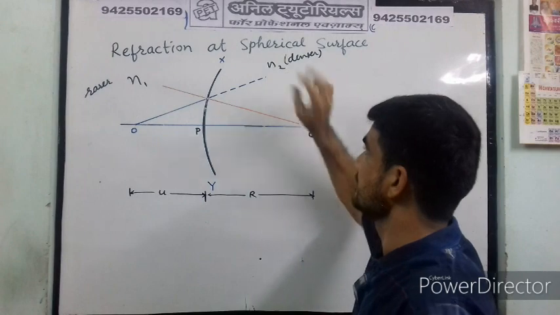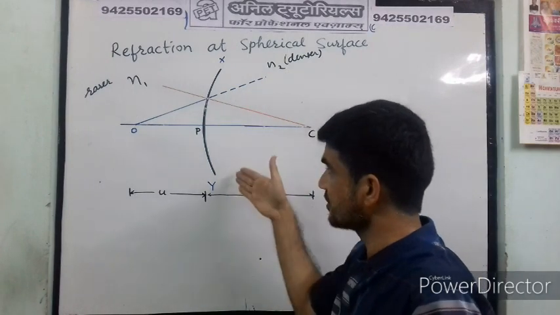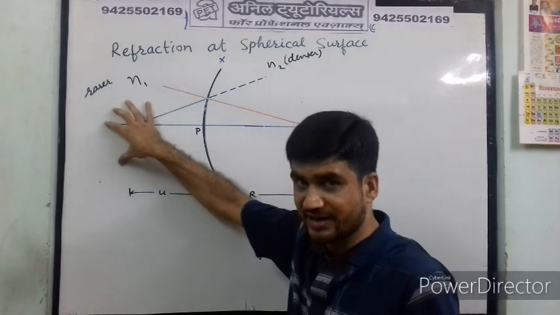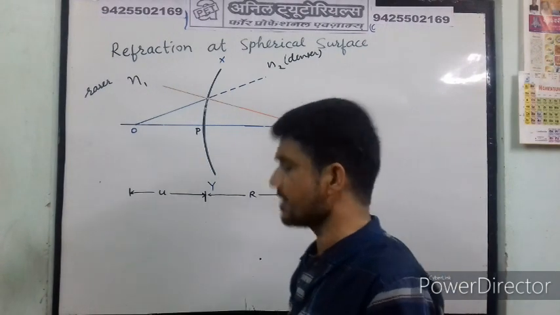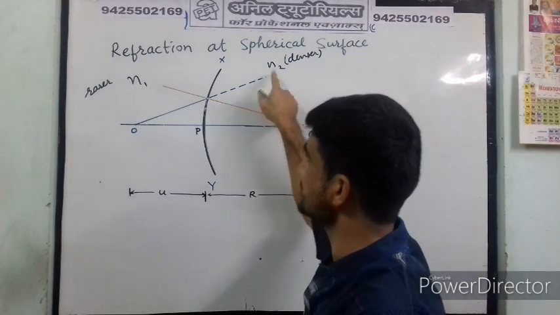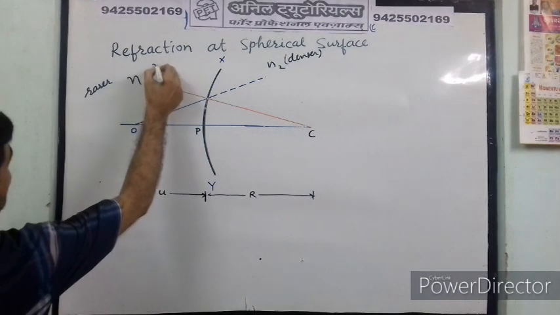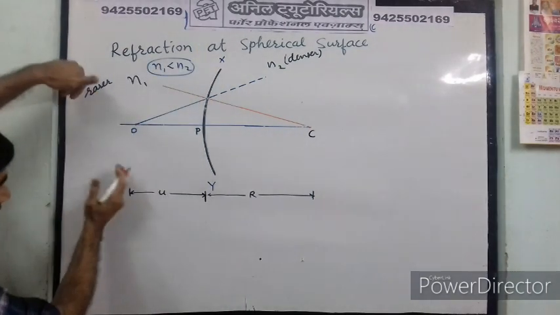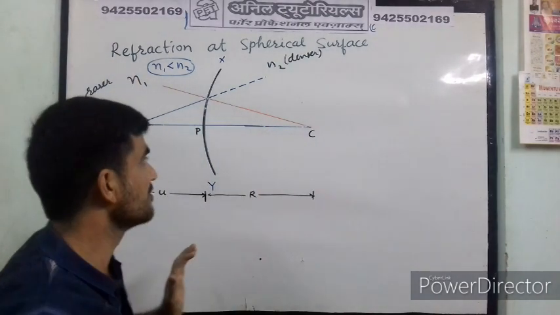And in front of this convex surface we have a rarer medium whose refractive index with respect to air is n1. So n1 is less than n2, that's why this medium is denser. This is important: on this side the medium is rarer, and on this side the medium is denser.